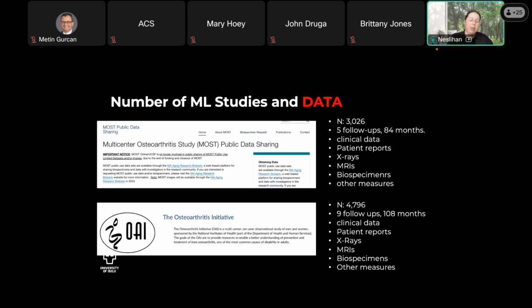Besides deep learning progress, the growth is driven by two major public datasets, MOST and OAI. They have thousands of participants with years of data, including imaging, clinical information, patient questionnaires, and expert assessments. This is very valuable, and it provides us labeled data.